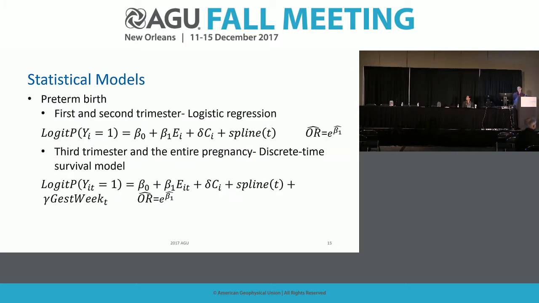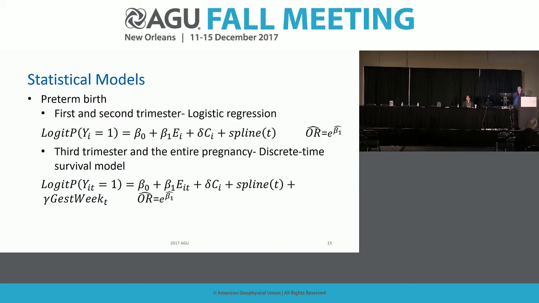Regarding preterm birth, for the health effect of exposure during the first and second trimester, we use logistic regression because we followed all the births during these 2 time windows. And we use a discrete time survival model to analyze the association with the third trimester and the entire pregnancy exposure, because the health outcome affects these 2 exposure windows, and the population at risk changes in time.